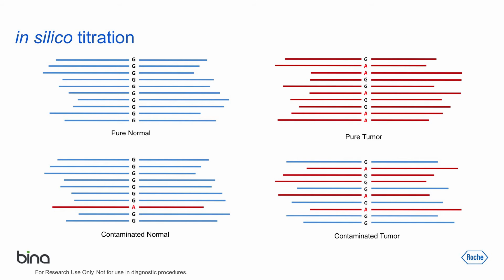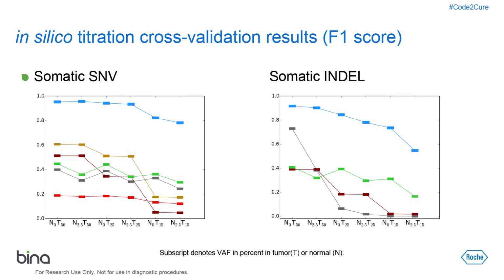We have also validated SomaticSeq using in silico titration. Basically, we mixed two different human genomes and pretended one of them to be normal and one of them to be tumor. We can also mix them at different proportions to simulate tumor or normal of different contamination profiles. We have 6 different settings for in silico titration data.